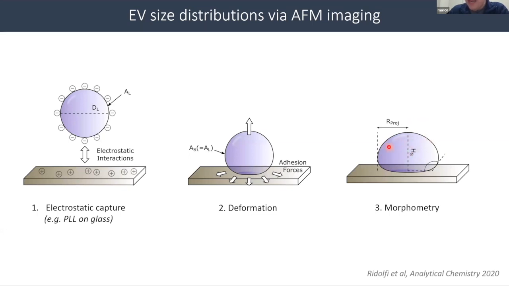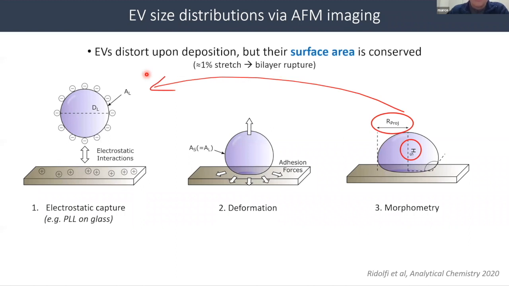But not just any random spherical cap, rather one that has the same surface area as the original vesicle. So you just need two geometrical parameters to calculate the surface area of this object. Then you can calculate the surface area of this sphere, which was the unperturbed vesicle, and you can trivially calculate the diameter of the vesicle.